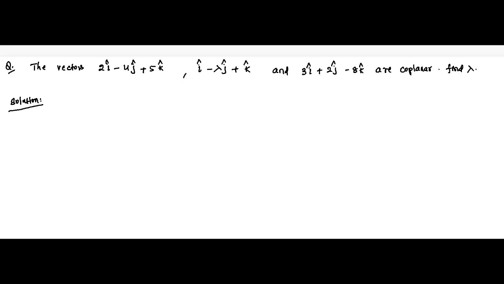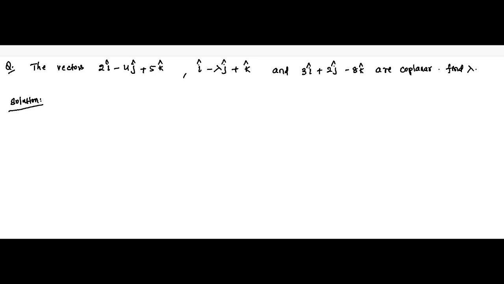So here is another question on coplanar vectors. It is given that the vectors 2i cap minus 4j cap plus 5k cap, i cap minus lambda j cap plus k cap, and 3i cap plus 2j cap minus 8k cap are coplanar. We have to find the value of lambda.